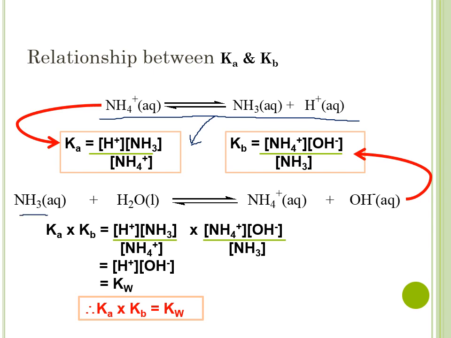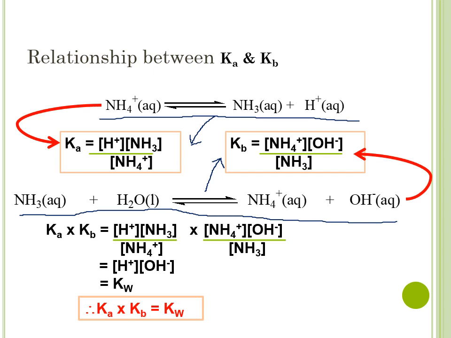And the second equation is the ammonia reacts with liquid H2O to dissociate and become NH4+ with OH-. So we get the Kc or Kb for the second equation as concentration of NH4+ times concentration of OH- divided by concentration of NH3.